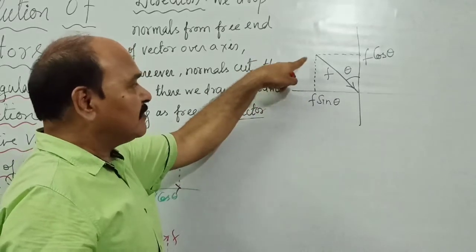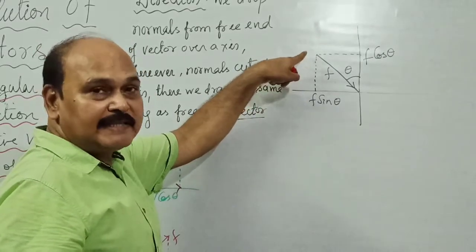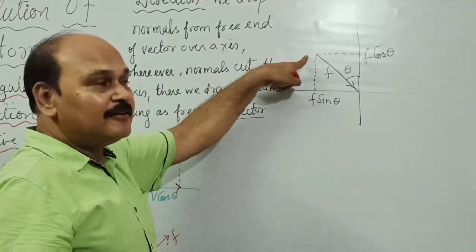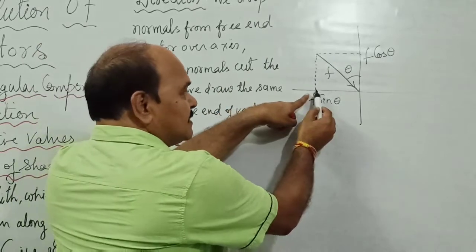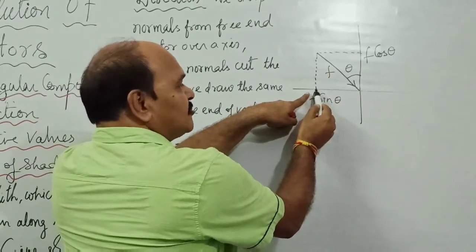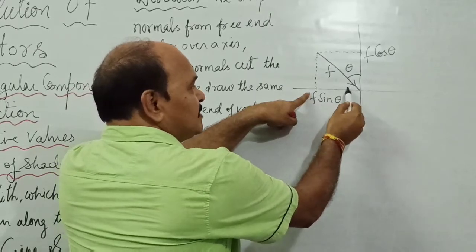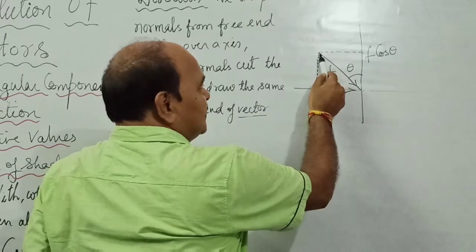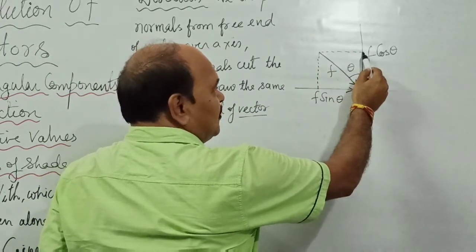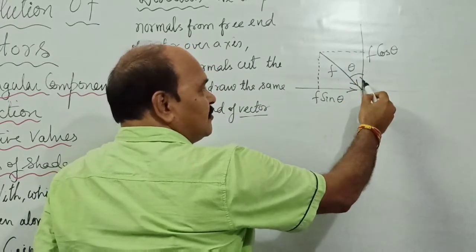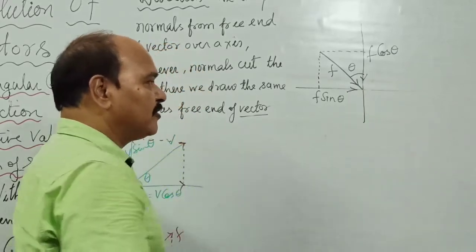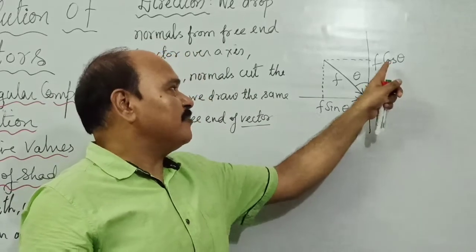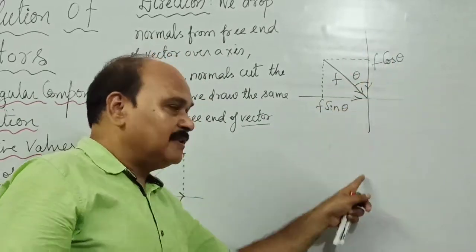This time the free end of the vector from where we are dropping the normal is what? Tail. So this point where the normal cuts the axis has to be the tail. If this has to be the tail of the component vector, that means the head would be right here. Similarly, this point of intersection of the normal is going to be the tail, therefore the head is going to be like this. So the two components have values f sin theta towards right, and another component f cos theta in this direction.